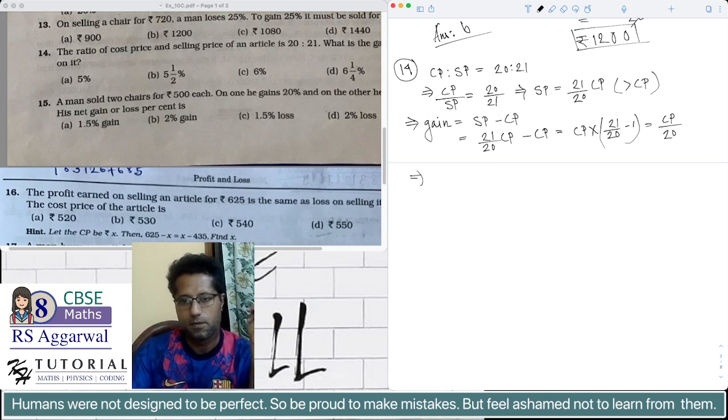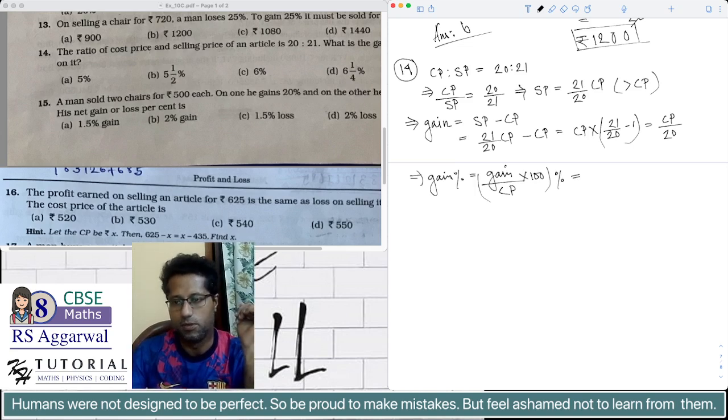This implies gain percent we know is equal to gain divided by CP multiplied by 100, this much percentage. Gain we know is CP by 20, divided by CP multiplied by 100.